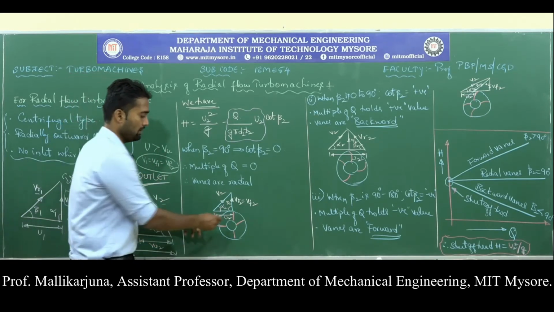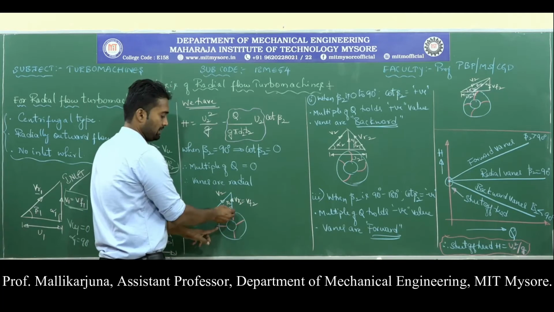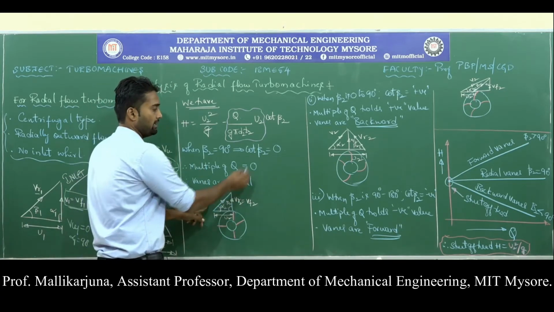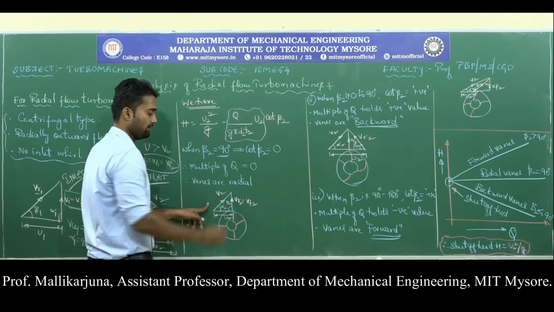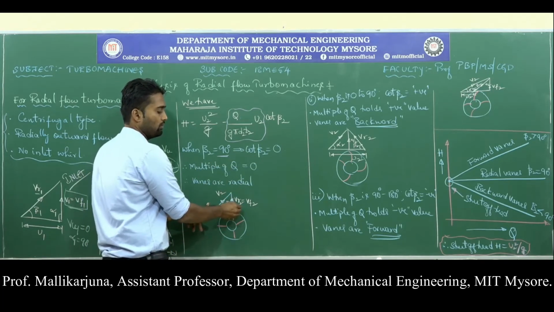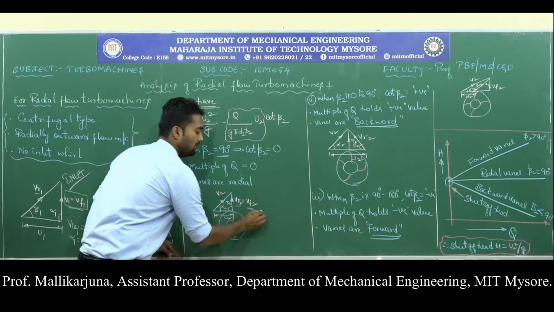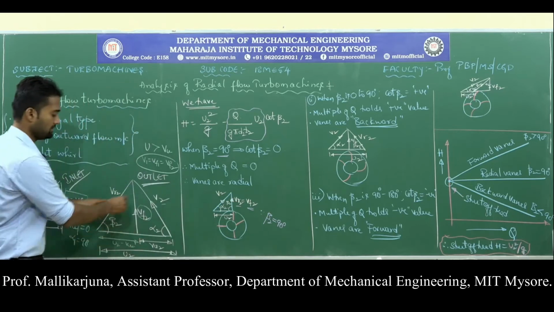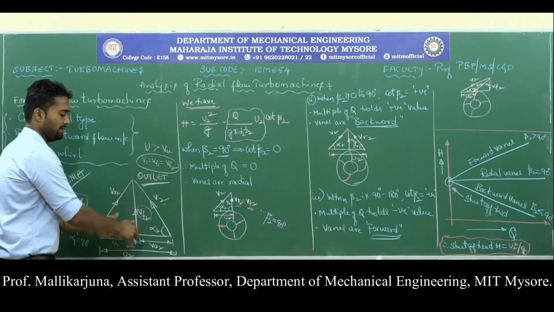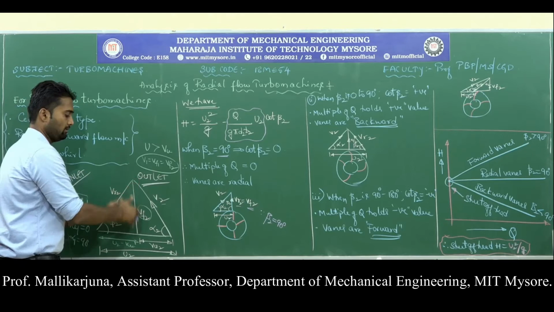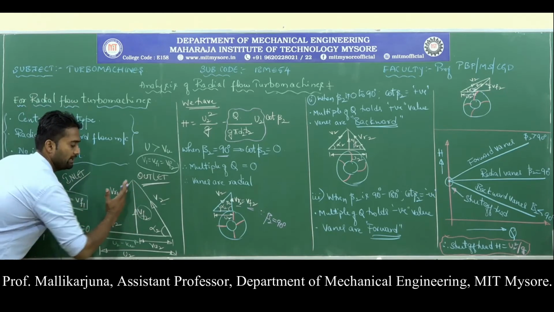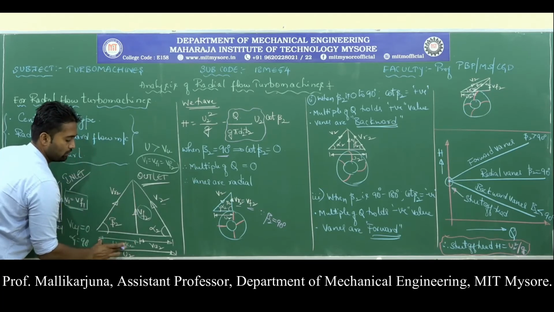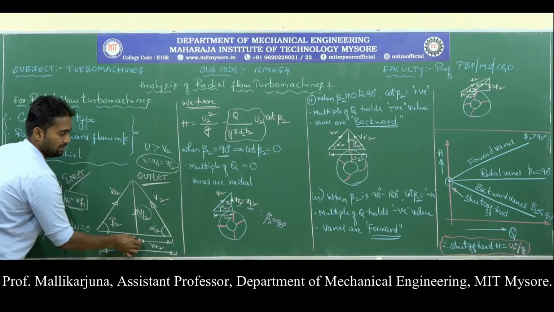So now this is the vane and I need to draw the triangle for this situation. I know beta 2 is 90 degree. If beta 2 becomes 90 degree, VR2 will be overlapped on Vf2, because beta 2 is 90 degree. That means this distance, whatever U2 minus VU2 was there, will be eliminated.